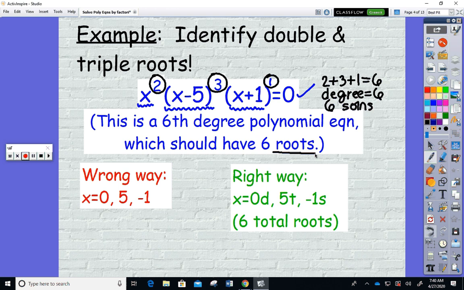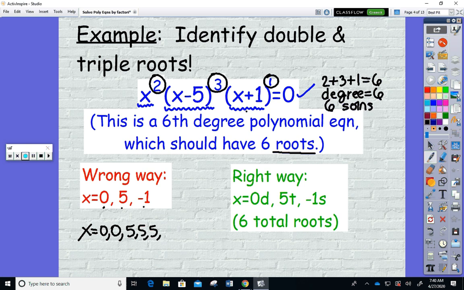So to just say x squared gives you the answer 0, and x minus 5 cubed gives you the answer of 5, and x plus 1 gives you the answer of -1, that's incorrect, okay? Now, you could say x equals 0 and 0 for x squared. X equals 5, 5, and 5 for x cubed.